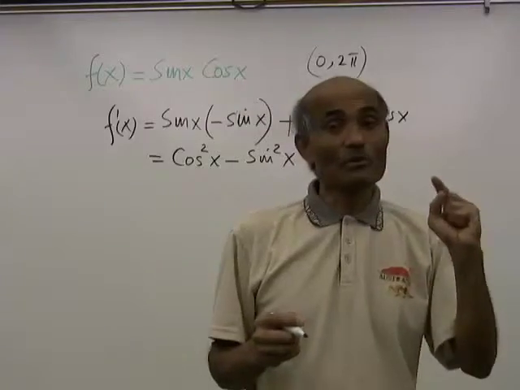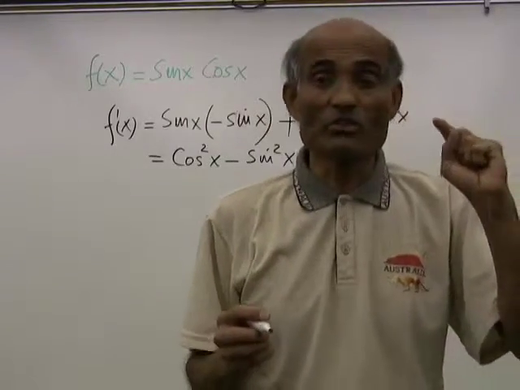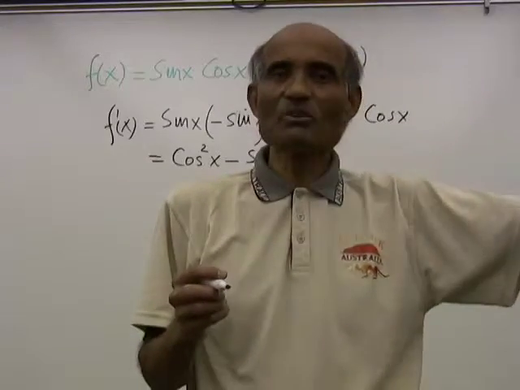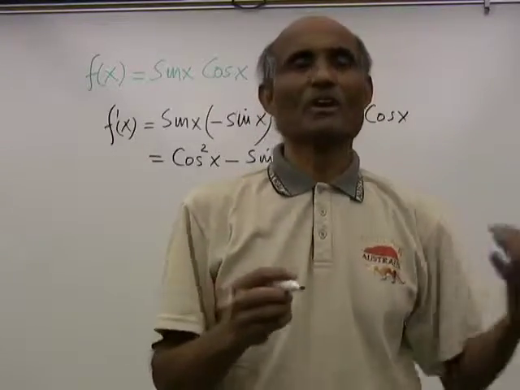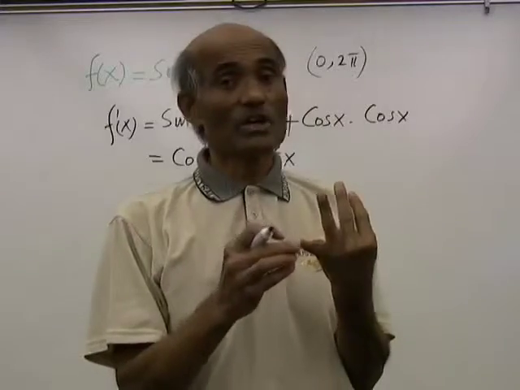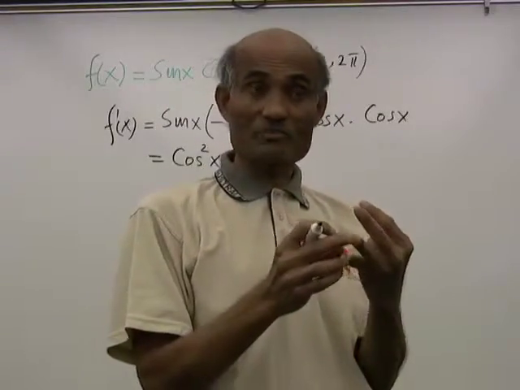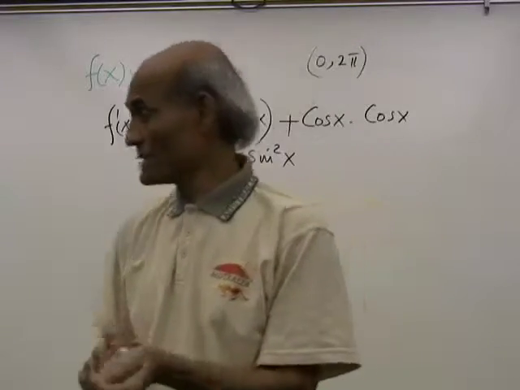Well, if you go back and look at your identities, cos of 2x has actually three different types. Cos of 2x is 2 cos squared x minus 1. Is that right?